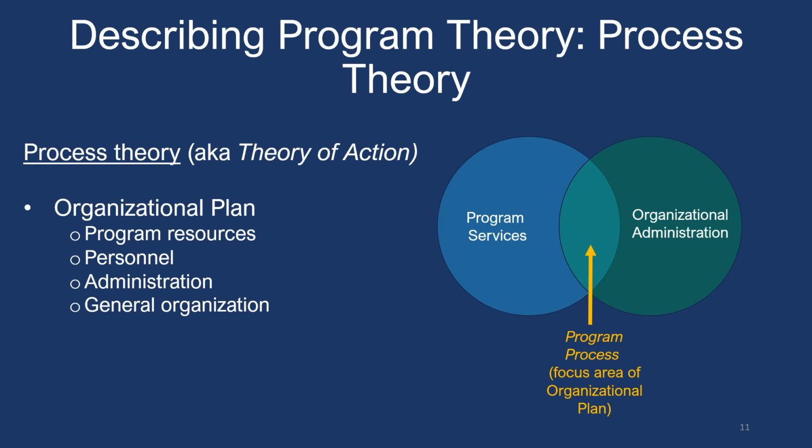Do we have the people we need? Do we have the facilities? Maybe we need a classroom, maybe we need a gymnasium. Do we have the facilities we need? Do we have the leadership roles specified that are needed? All of these organization pieces are vital to the program actually being implemented.